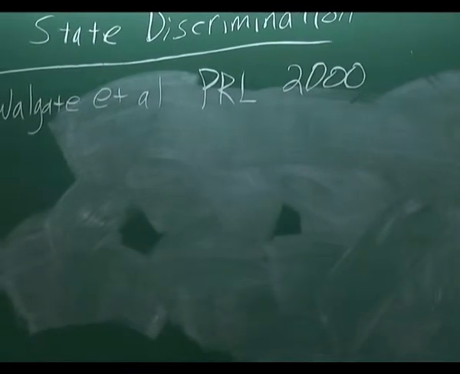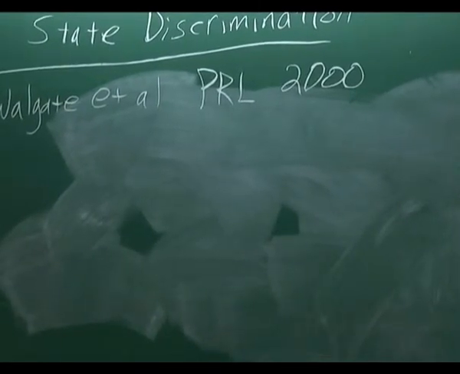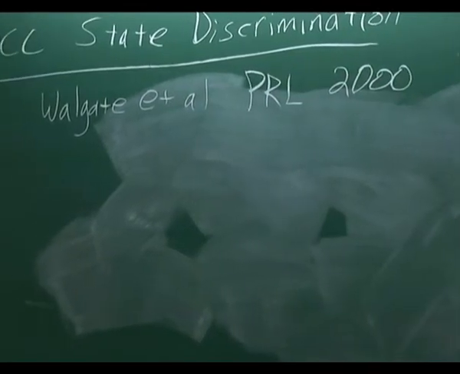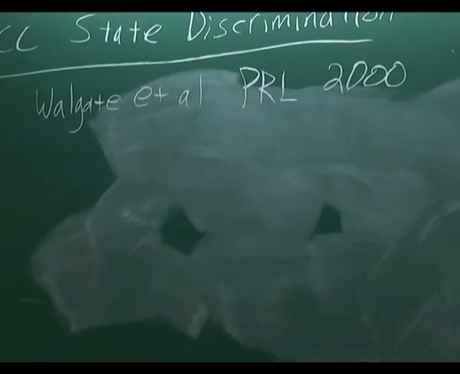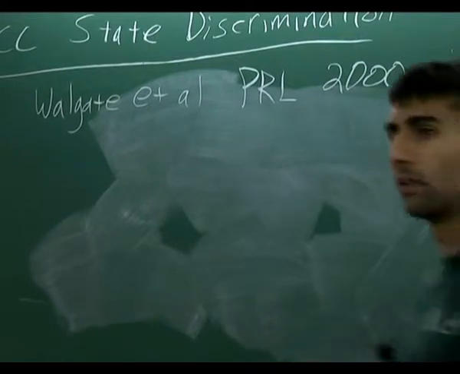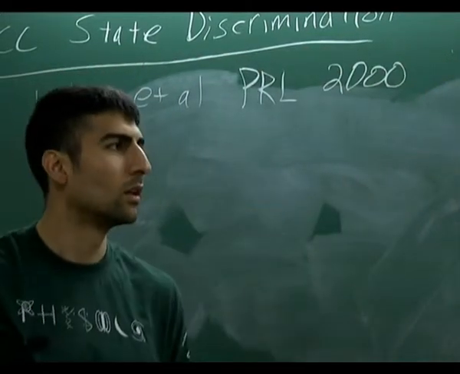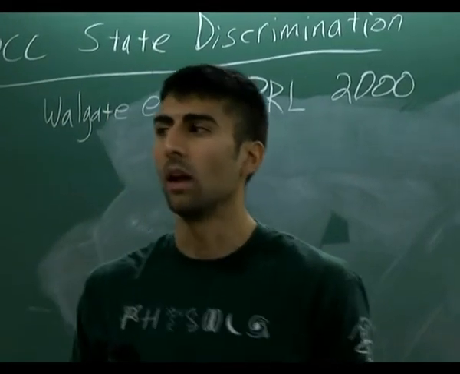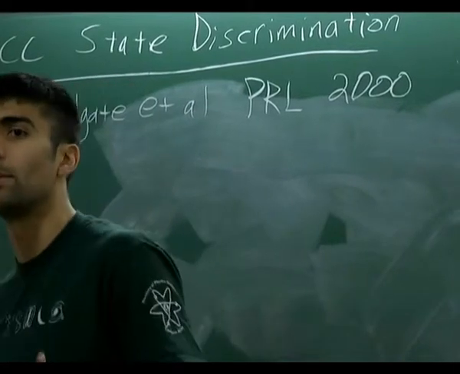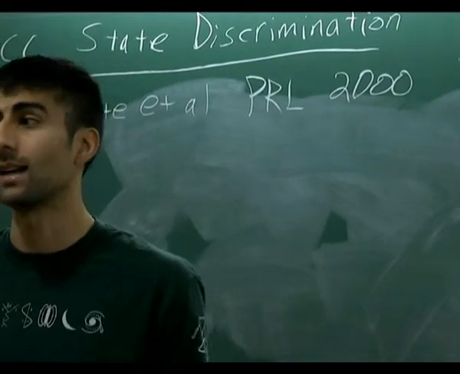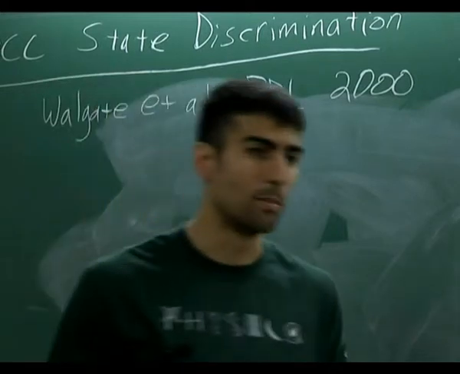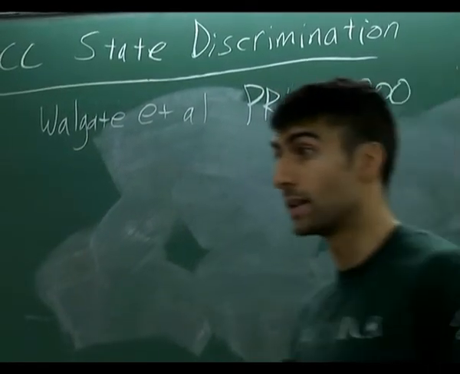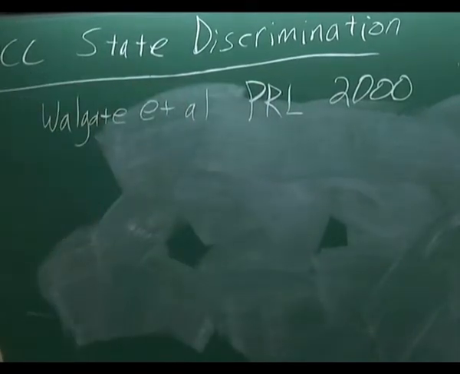In this paper, they prove that if you have any two pure states of any dimension, so we're not restricted to qubits here, any two pure states that are orthogonal can be perfectly distinguished by LOCC. At first this may be somewhat surprising because these states can be entangled. And so maybe the intuition might be, well, if they're entangled, there's some sort of non-local content in these states, and that may forbid them from being able to distinguish them using LOCC. But it turns out, no, that intuition is incorrect.